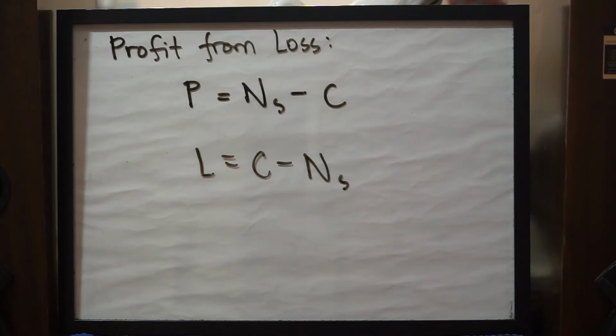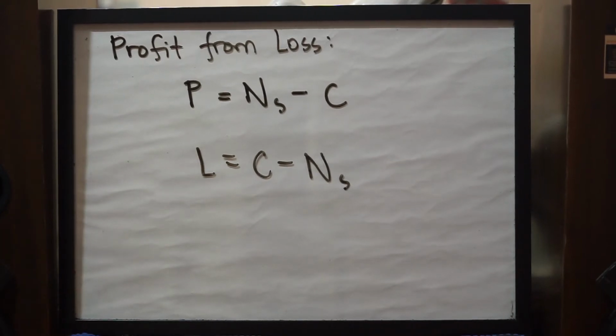Ibig sabihin lang nito, we are getting a profit if mas mataas yung net sales natin compared sa cost. But the entrepreneur is experiencing a loss if mas mataas yung cost niya kesa sa net sales. So, ganun lang mag-identify ng problems if under ba siya ng profit or under siya ng loss.